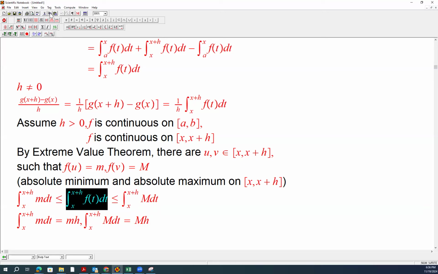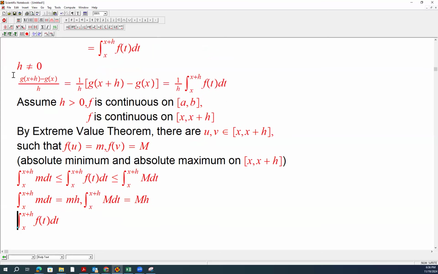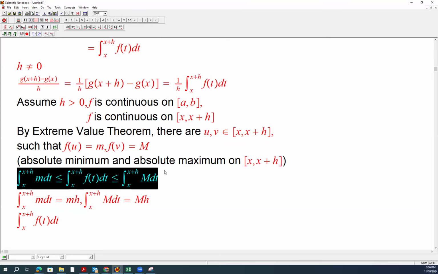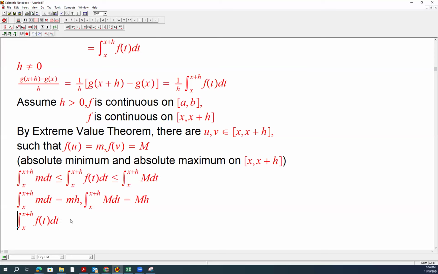Therefore, this piece in the middle is squeezed in between lowercase m times h and uppercase m times h. Since we've been assuming h is positive.